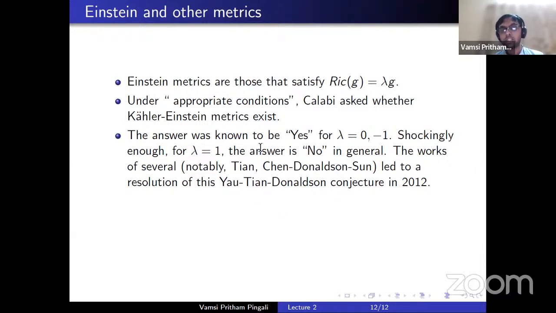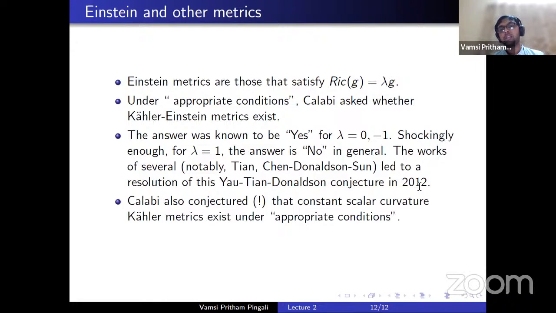So this conjecture of Calabi was solved only a decade ago, but Calabi also conjectured that constant scalar curvature Kähler metrics exist under appropriate conditions. In other words, Kähler metrics in a given Kähler class whose scalar curvature is a constant. That conjecture is still open. In fact, we don't even know what the correct conjecture is in this case.